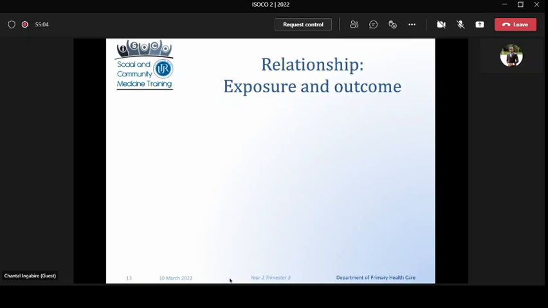So the outcome is what is seen after being exposed. For example, if you're exposed to smoking, you are likely to get lung cancer in the future. So the outcome will be lung cancer, and exposure is the time you've been exposed to smoking. So being exposed to smoking may lead to lung cancer as an outcome.